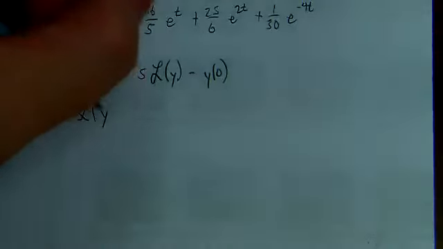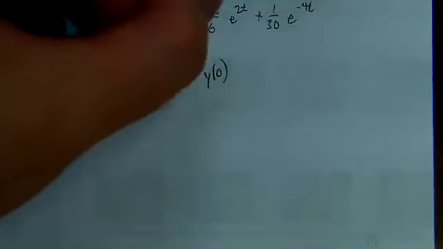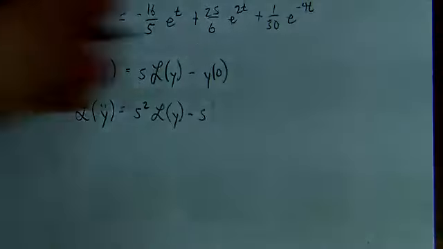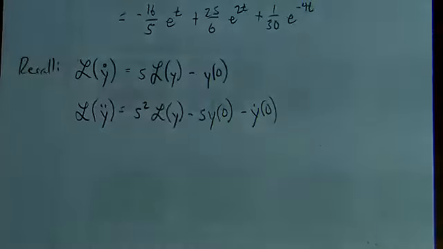The Laplace of a second derivative, we worked this out last time, is s squared times the Laplace of our function minus s times our function evaluated at 0 minus the derivative of our function at 0.